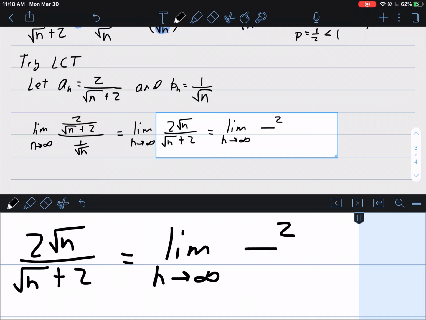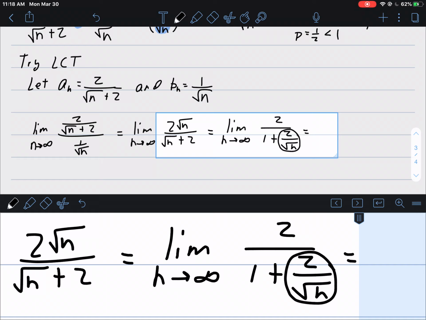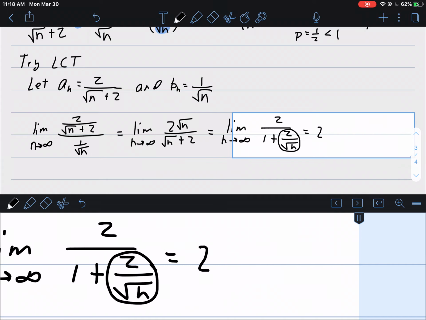That leaves me with just 2 in the numerator, and 1 plus 2 over the square root of n in the denominator. As n approaches infinity, the 2 over the square root of n approaches 0, and I'm left with 2 over 1.